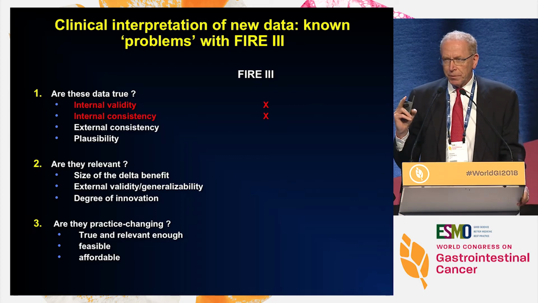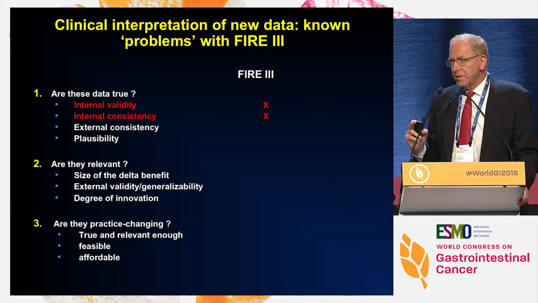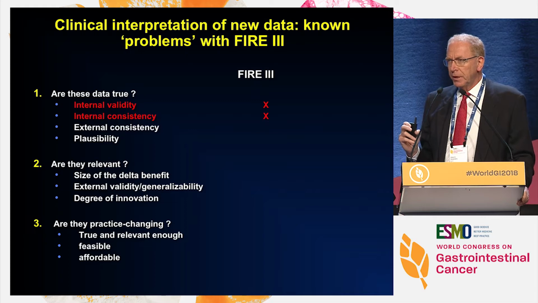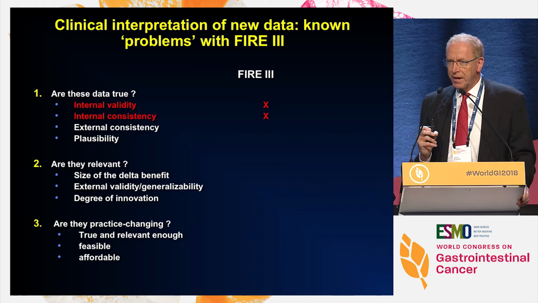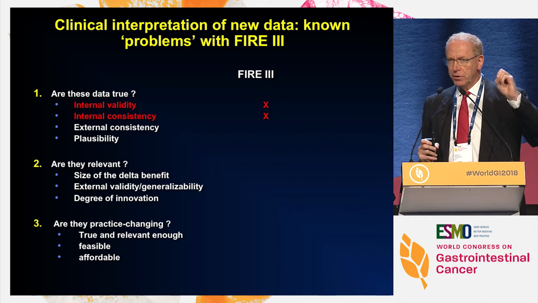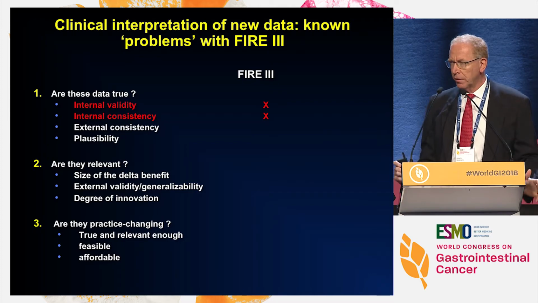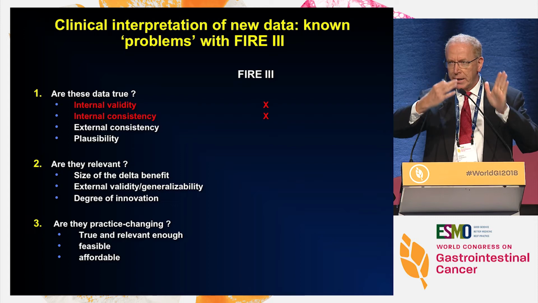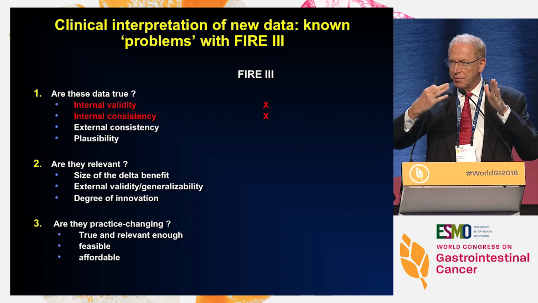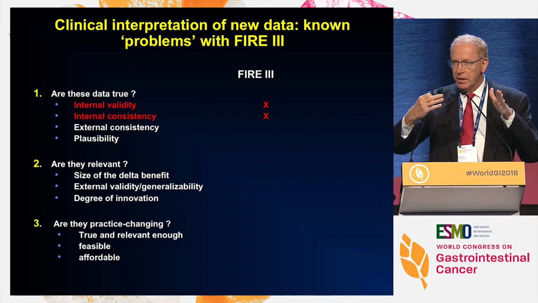But the second problem that the trial has is the fact that despite being a phase 3 trial, which usually needs patient-related endpoints, that is overall survival, quality of life, and so on, that's a domain intrinsic to the definition of a phase 3 trial.